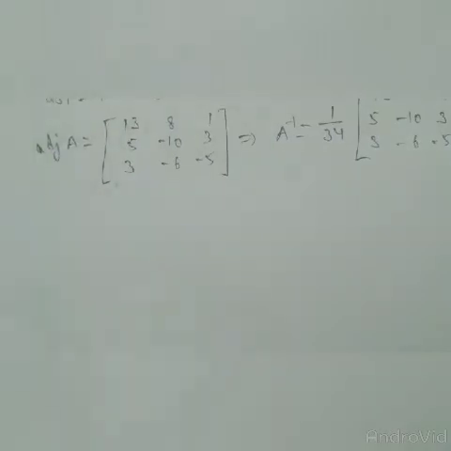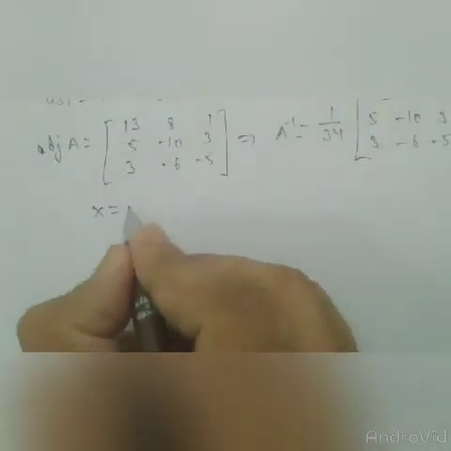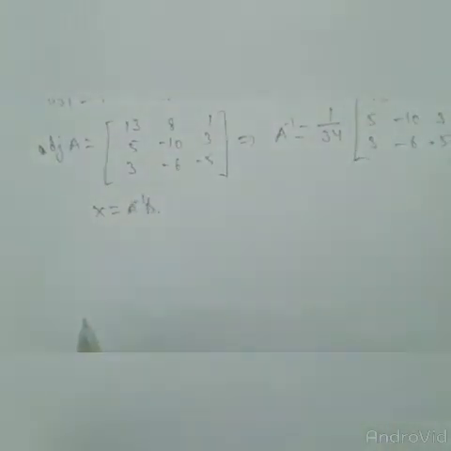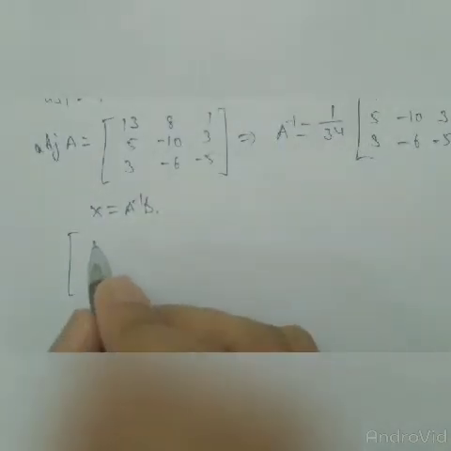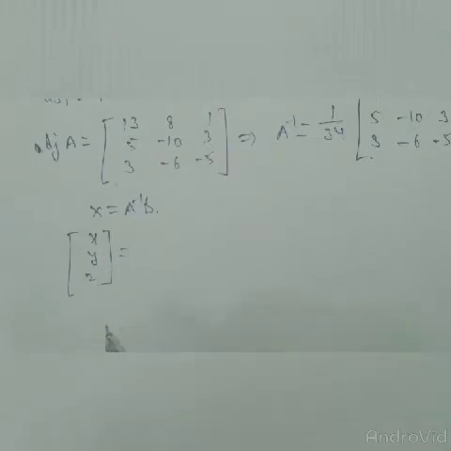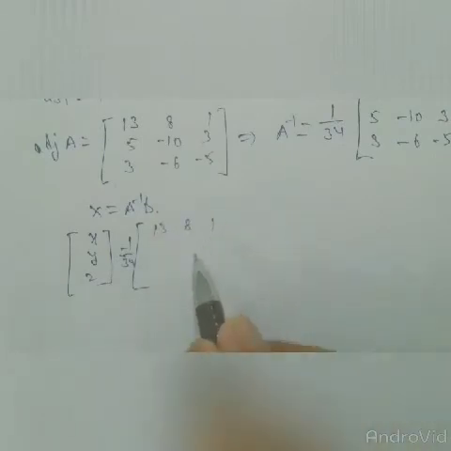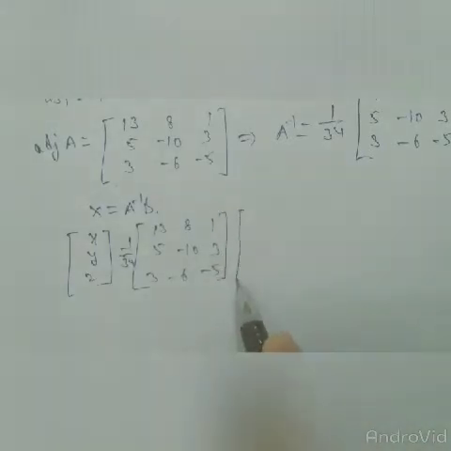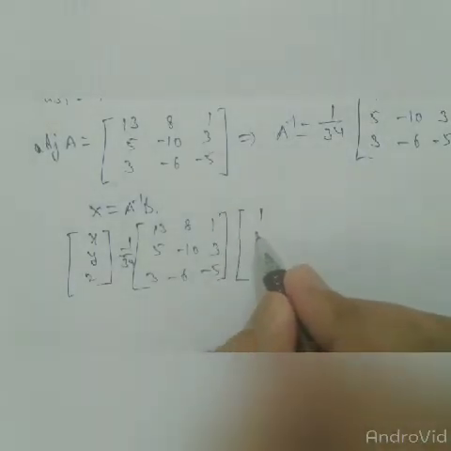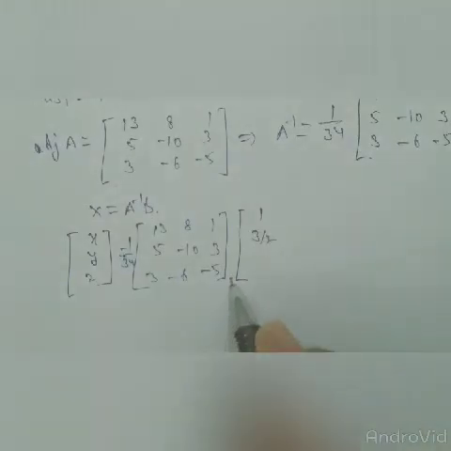Now put all values in X equals A inverse B. So X is (x, y, z), then A inverse is 1 by 34 times 13, 8, 1, 5, minus 10, 3, 3, minus 6, minus 5, and B is 1, 3 by 2 and 9.